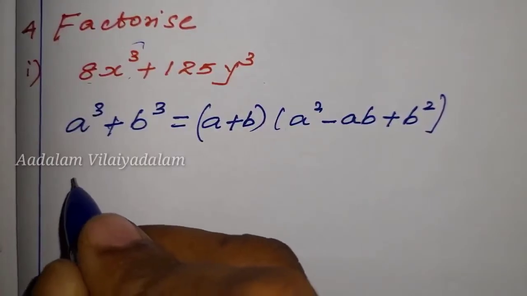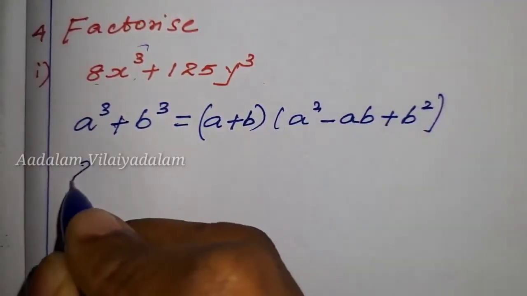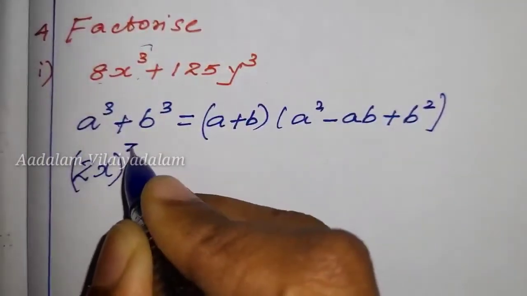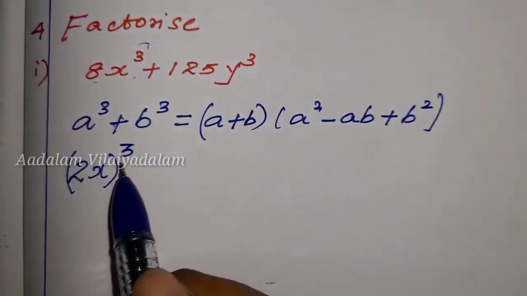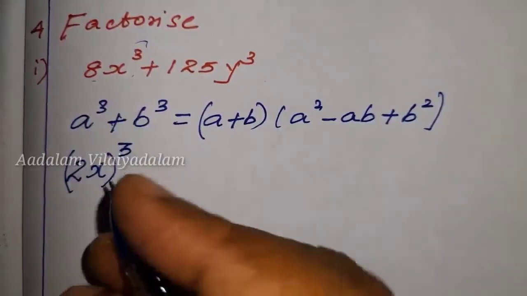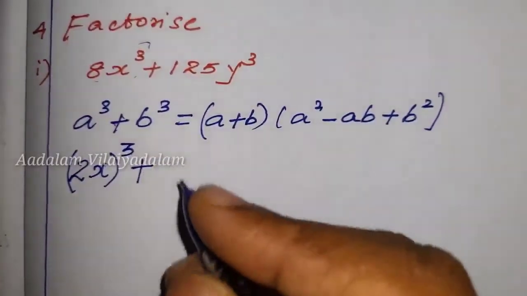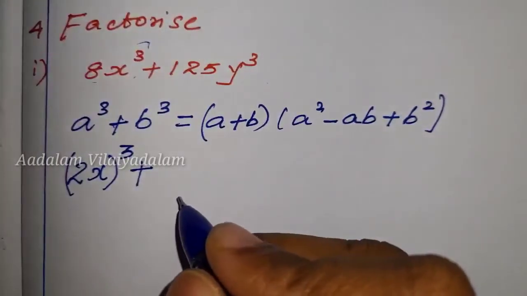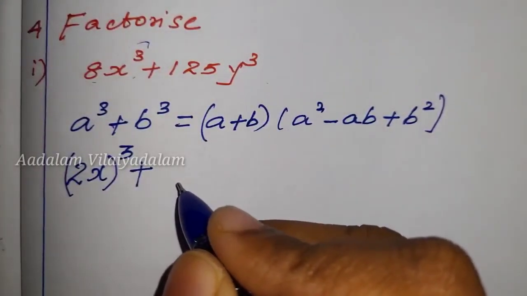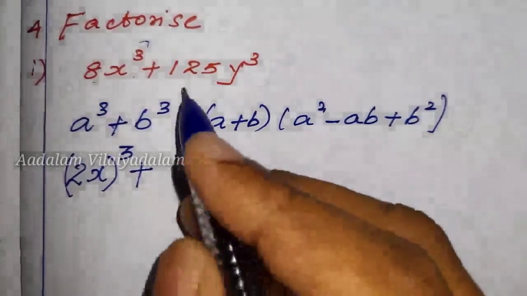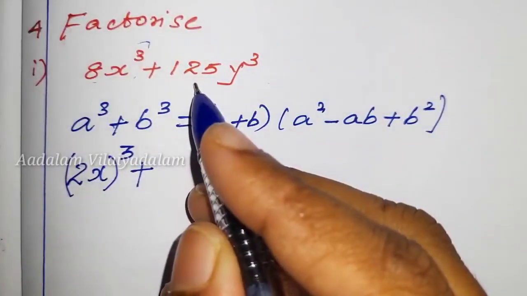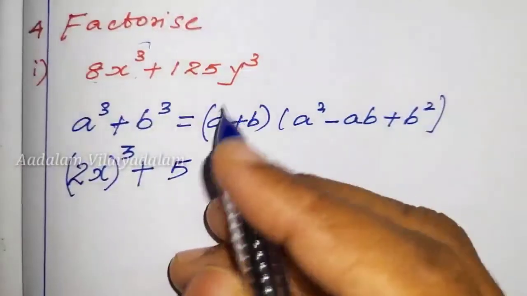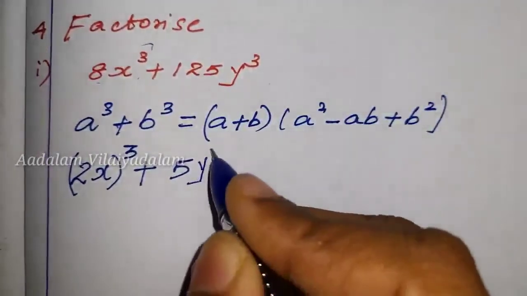So 8x cube can be written as 2x the whole cube. The same way, 125 can be written as 5 into 5 into 5, 5 5s are 25, 25 5s are 125. So 125 can be written as 5 cube. What is the variable here? y. So 5y the whole cube.